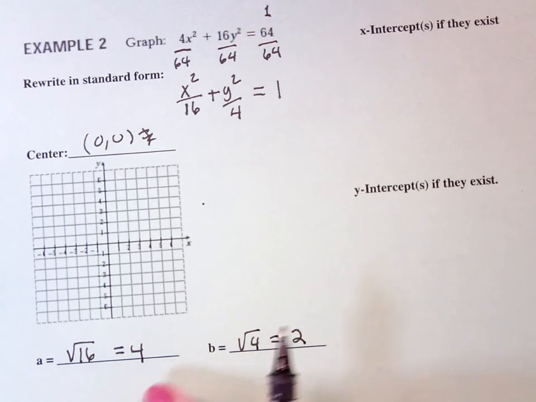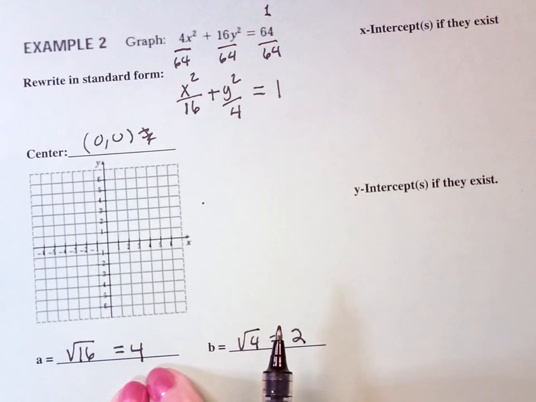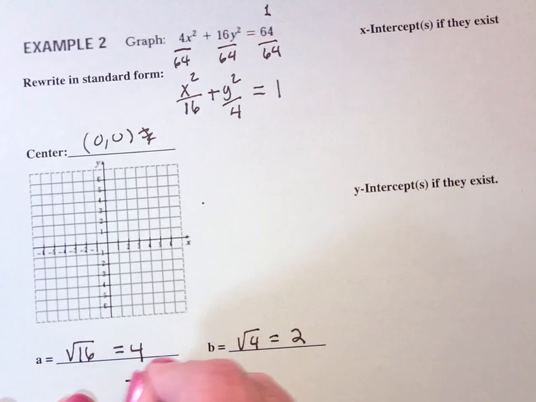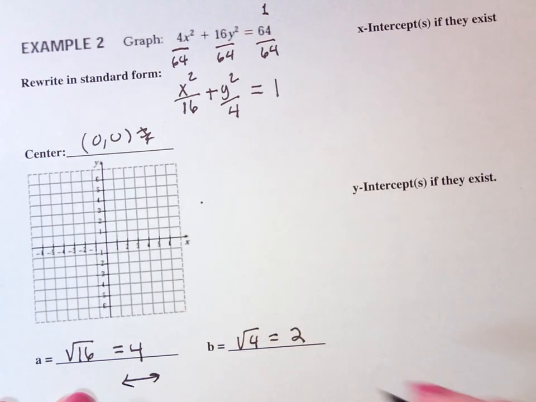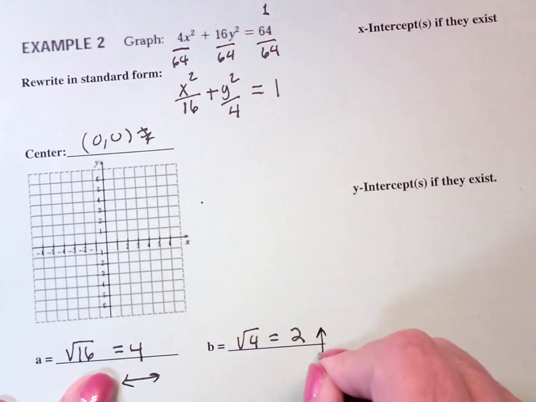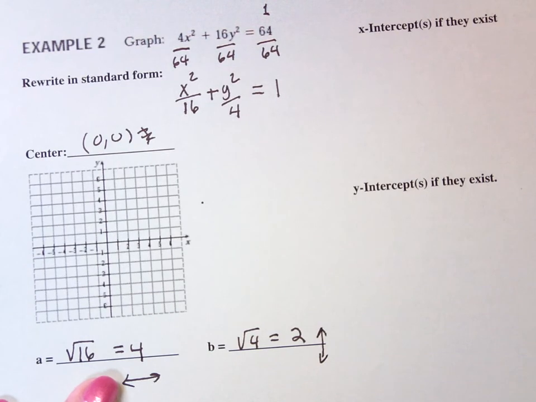So that says from center along the x, I'm going to go back and forth 4 units. And along the y, I'm going to go up and down 2 units. So that says it's going to go this direction more than it goes this direction, along the x more than along the y. So essentially it's going to be elongated along the x-axis.